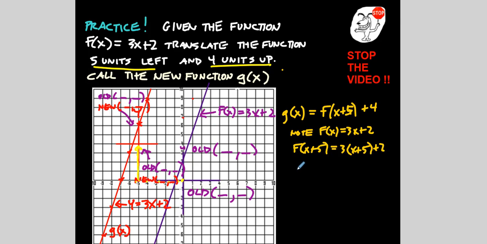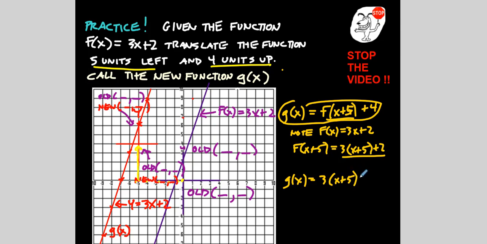Okay, so now I can replace f of x plus 5 in this g of x with this. So now I have g of x equals, so let's circle this. This is one way to write it. So g of x is going to be 3 times quantity x plus 5 plus 2.